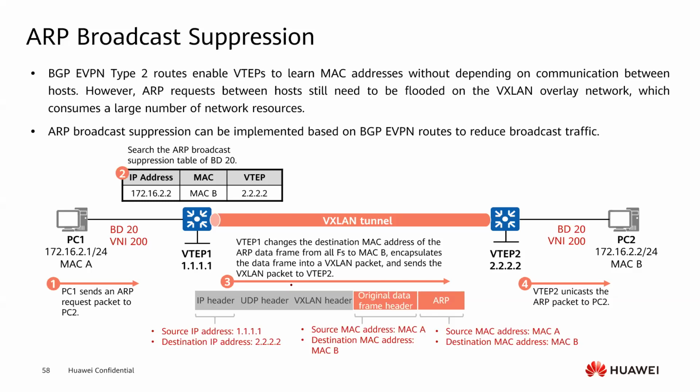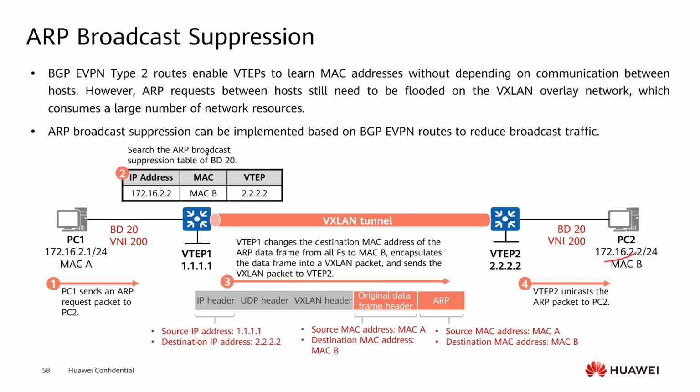You will find that for this packet, the original data frame has already changed from a broadcast frame to a unicast frame. Then VTEP 2 will receive it, and VTEP 2 will unicast this ARP packet to PC2. That is ARP broadcast suppression.